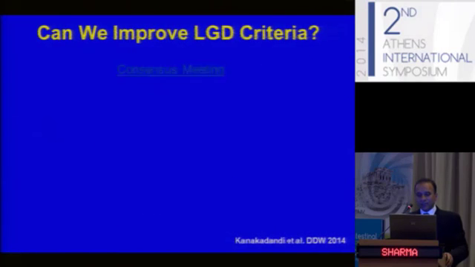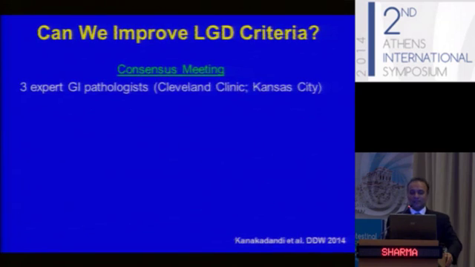At DDW this year, what we decided to do is try to get some of our Cleveland Clinic pathologists involved in this to see whether we could revisit these criteria. We had a consensus meeting of these expert pathologists from Cleveland Clinic. We asked them to revisit the low-grade dysplasia criteria and come up with some new criteria.